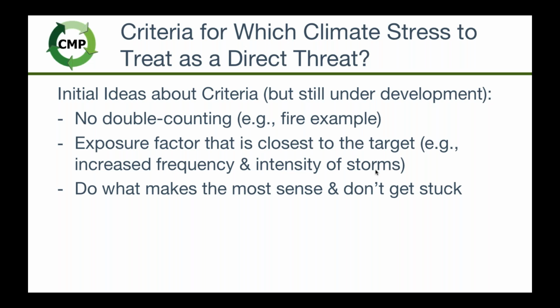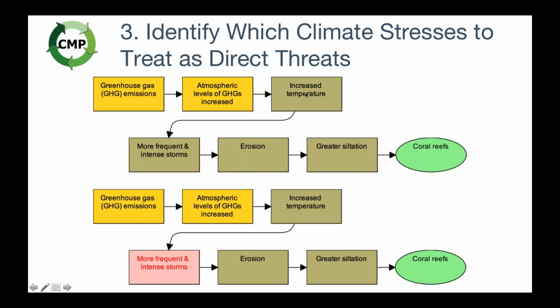Let me explain that a little bit more in the context of the examples that we have next, because when I say exposure factor, increased temperature is very frequently at the very beginning of these chains. You've got increased atmospheric levels of greenhouse gases, which increase temperature.